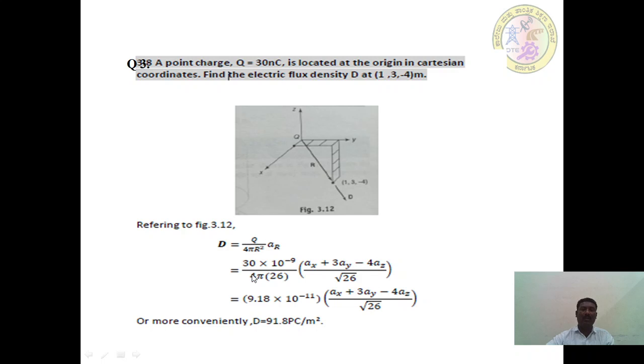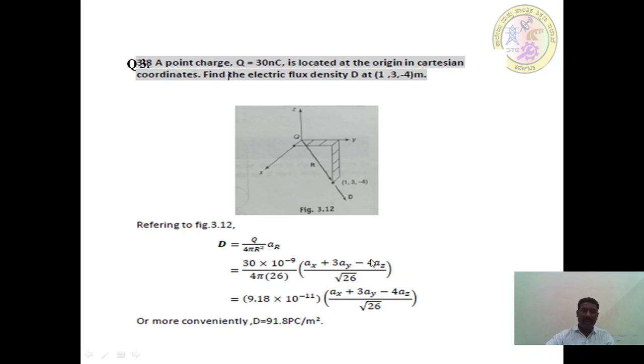Q is equal to 30 nanocoulomb, that is 30 into 10 raised to minus 9, divided by 4 pi times r, that is 1 square plus 3 square plus 4 square, 1 plus 9 plus 16, add these things, 26, into the vector 1 ax plus 3 ay minus 4 az.